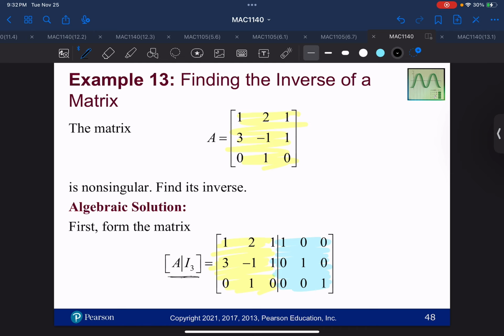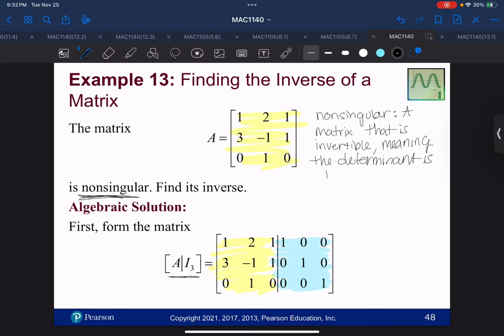Just so you know, non-singular means a square matrix that is invertible, which also means the determinant is non-zero.